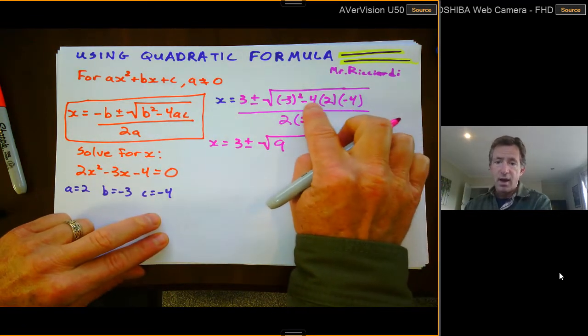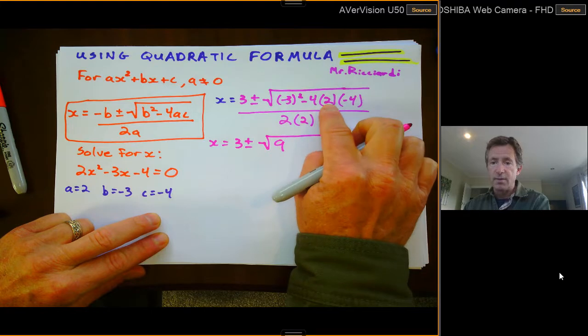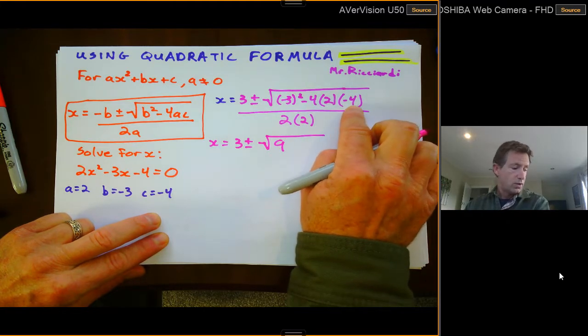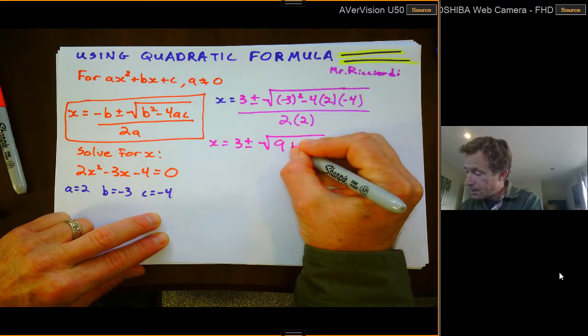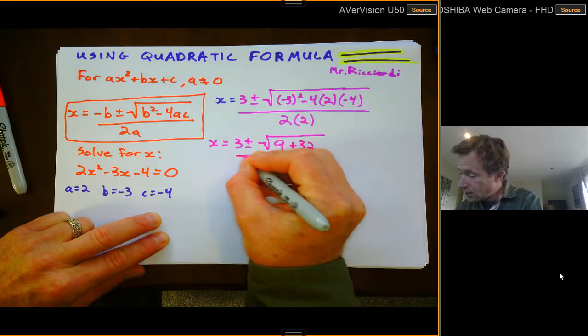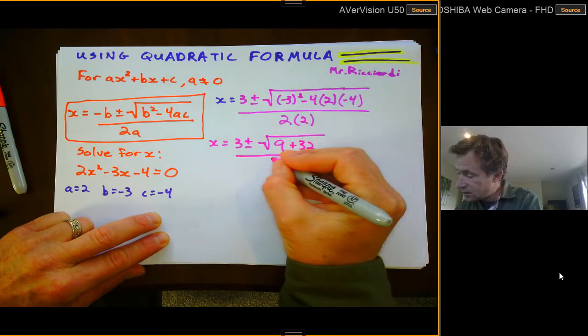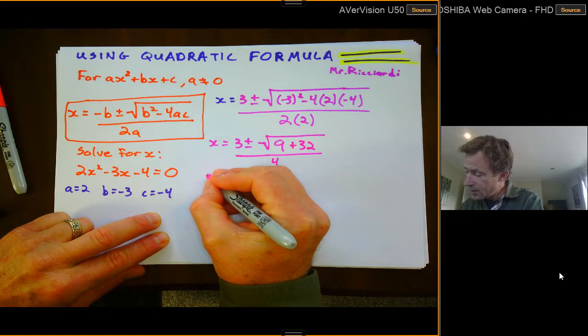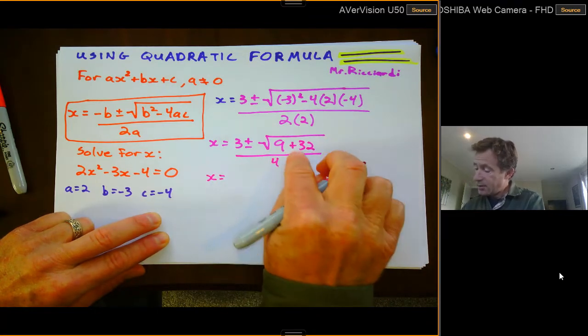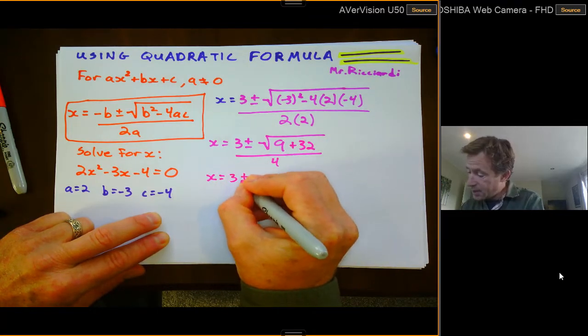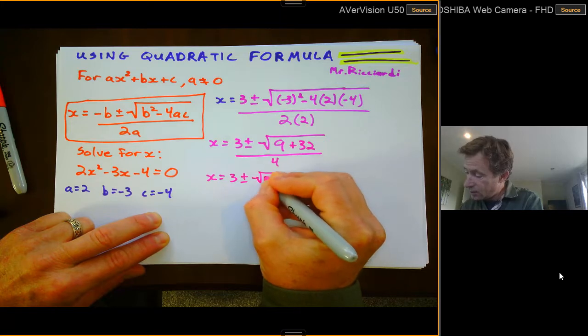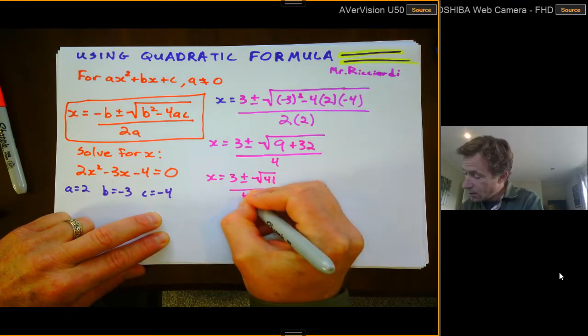So I just multiply everything and go negative 4 times 2 times negative 4, which I think gives me 32, plus 32, all over 2 times 2 here, which is 4. All right, now I simplify under the radical, and I get 3 plus or minus the square root of 41 over 4.